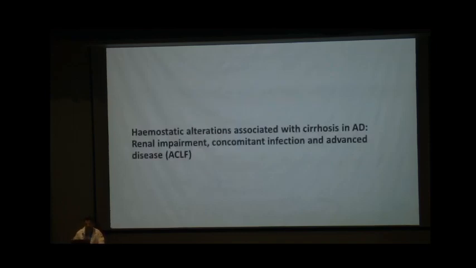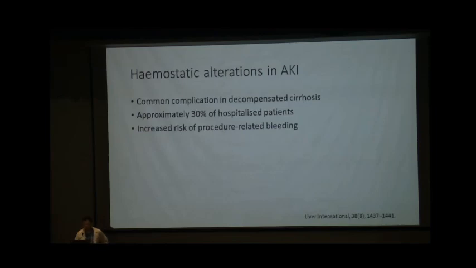Coming on to the next topic, the hemostatic alterations seen in patients with acute decompensation. Acute renal dysfunction is the most common organ failure which defines acute decompensation, and it is the commonest complication seen in patients with decompensated cirrhosis, and approximately 30% of hospitalized patients present with acute kidney injury.